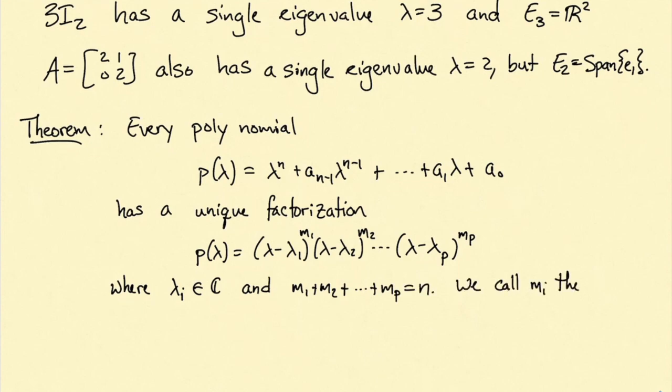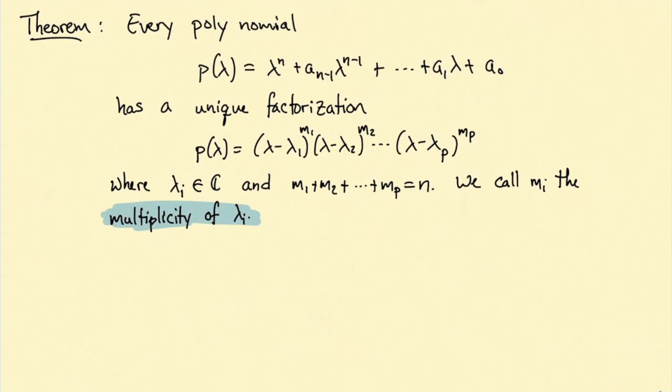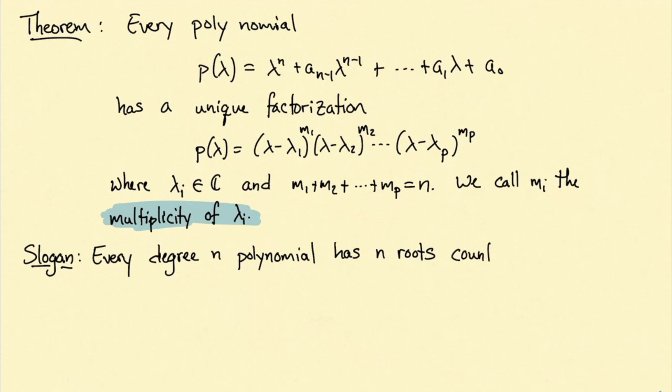We call the numbers m_i the multiplicity of the root lambda_i. So the slogan here is that every degree n polynomial has n roots counting multiplicities.